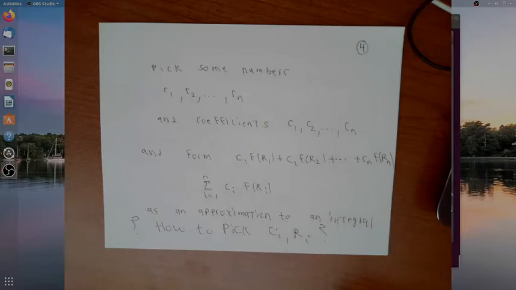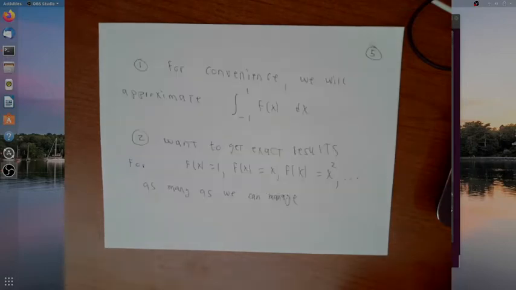In sigma notation, you could write it this way. This is going to be an approximate value for an integral. We have to figure out an appropriate way to pick these r numbers and these c numbers. Purely for convenience, we will pretend that we're integrating on the interval from -1 to +1. At first, that seems like an artificial restriction, but as we'll see shortly, it's no restriction at all.